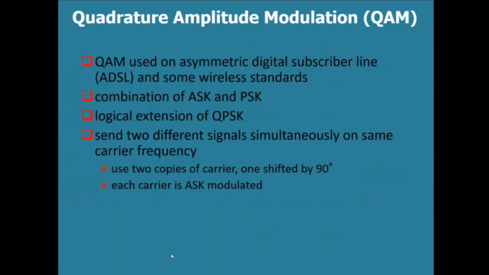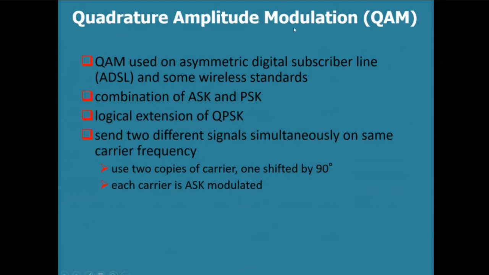And the last one, the quadrature amplitude modulation. This is used in asymmetric digital subscriber line and some wireless standards. In the previous modulation techniques, ASK means the amplitude of the carrier alone is varied, FSK means the frequency of the carrier alone is varied, and PSK means the phase of the carrier alone is varied.